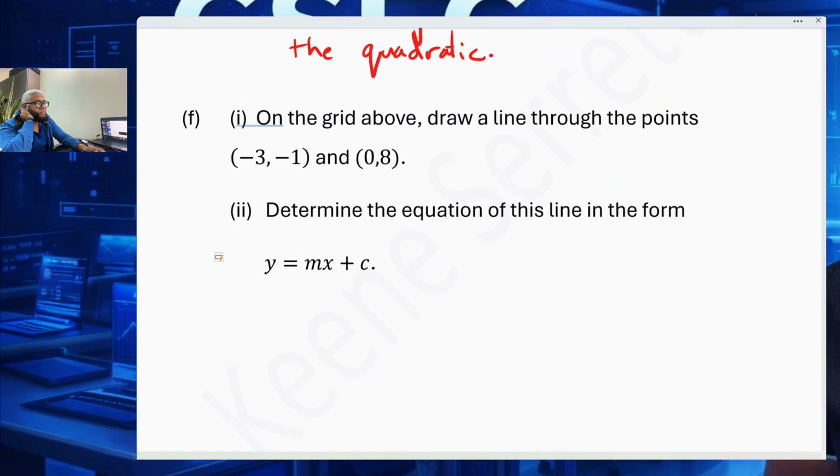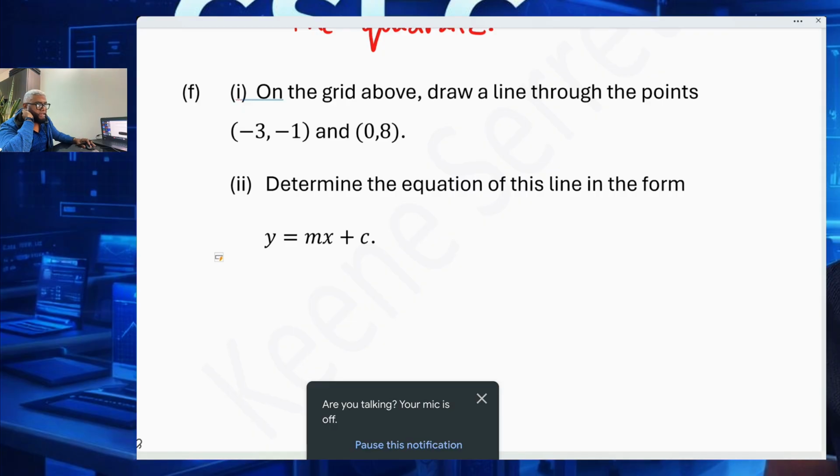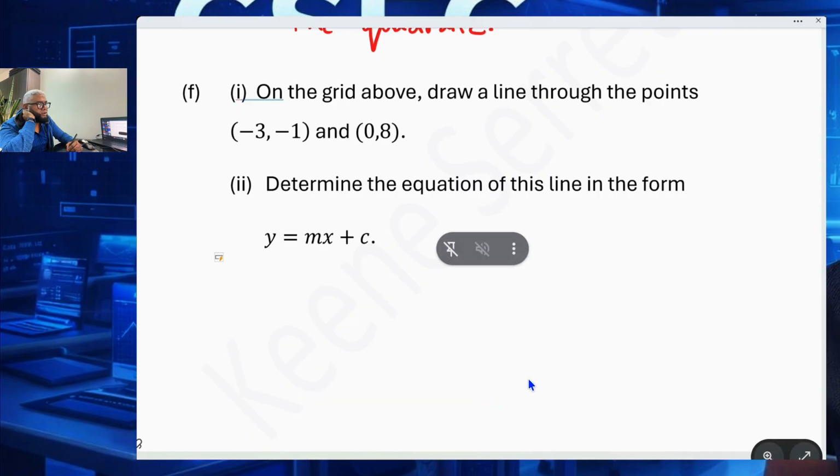So we need to, on the grid above, draw the line for the points negative 3, comma, negative 1 and 0, comma, 8. While you're drawing this line, I'm going to find the gradient in the meanwhile. What's the formula for gradient?